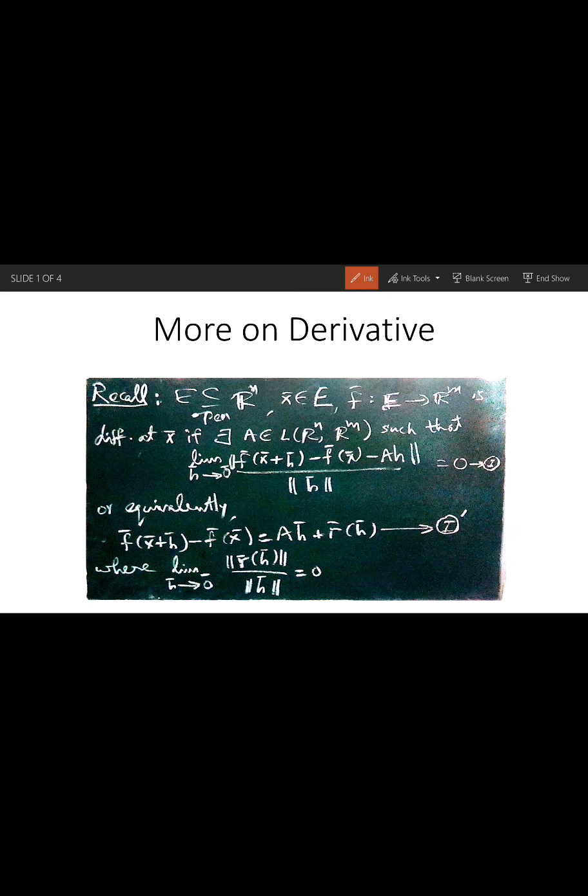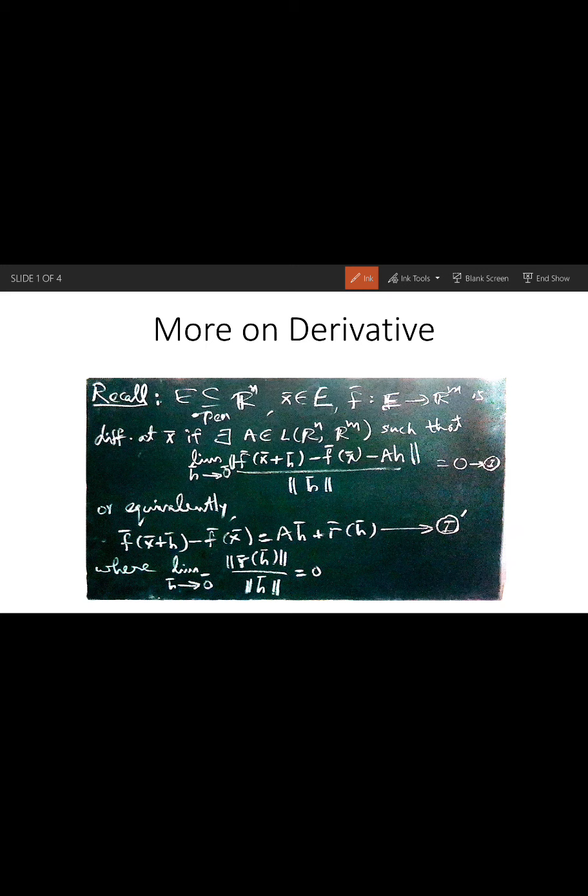Similarly, f of x is a vector in Rm. Ah is in Rm because h is in Rn. So the numerator norm is in Rm, and the denominator norm is in Rn. So this limit is equal to 0. It is equation number 1.